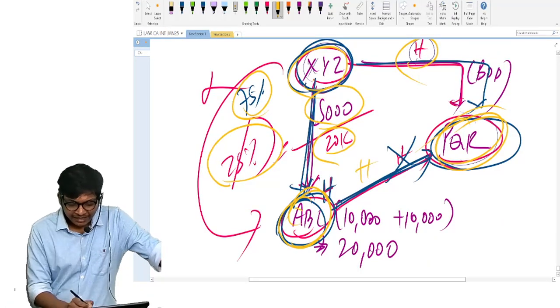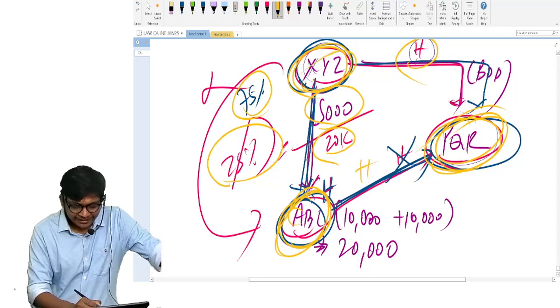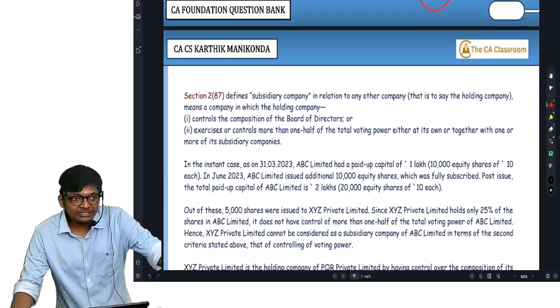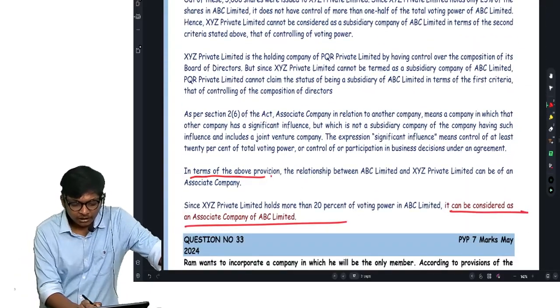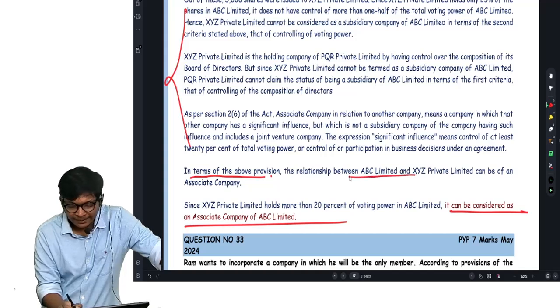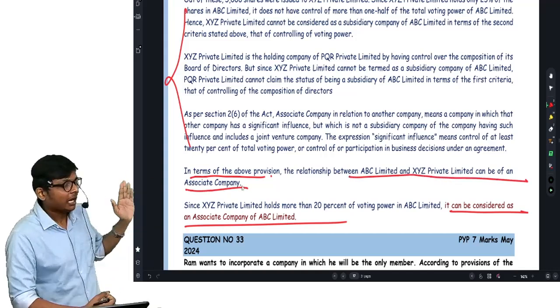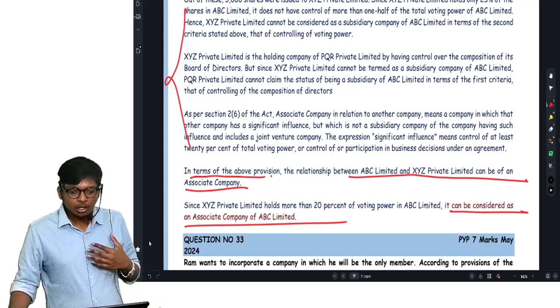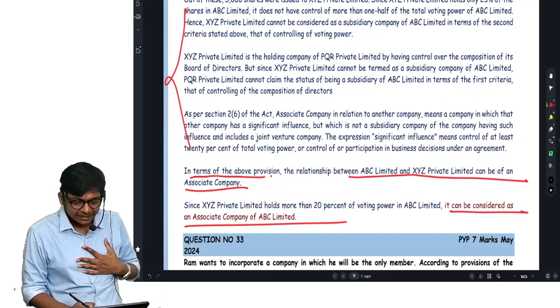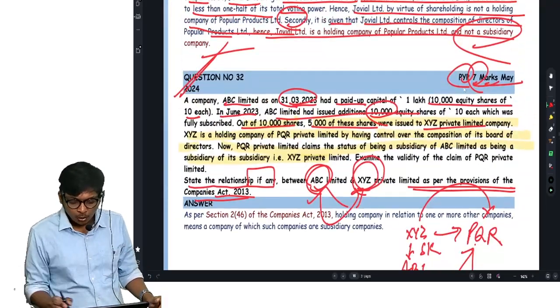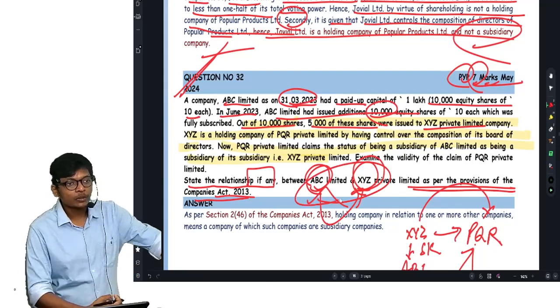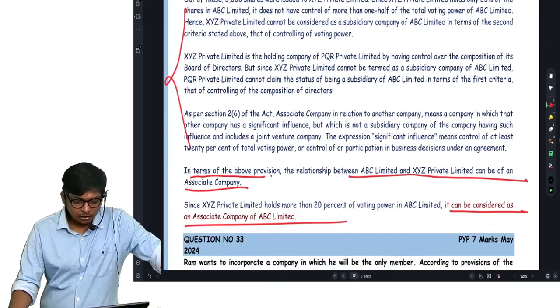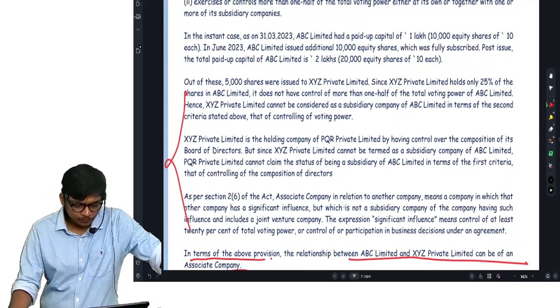In our thing, ABC ku XYZ can a relationship, associate relationship. That's why in terms of above provisions, ABC and XYZ can be of an associate company. It is not a holding subsidiary. Always in every question in main exam, they will ask a question. You just have to give a conclusion. Are you following, guys? Clear? Okay.